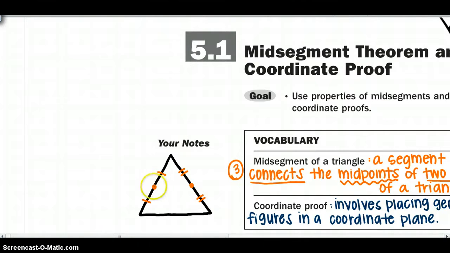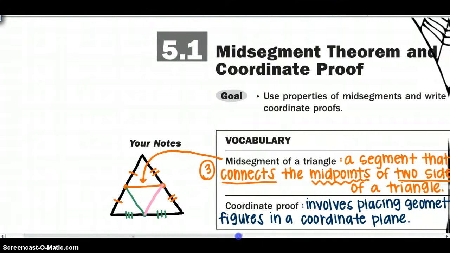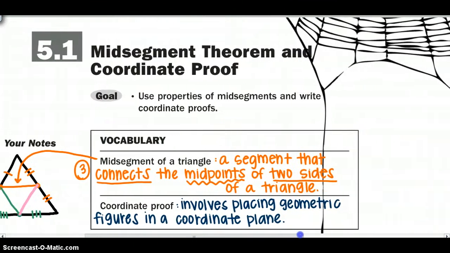If I connect the two midpoints of two of the sides, then that segment I just created is called the mid-segment. If I find the midpoint of this side and connect, I would find my other segment and my third mid-segment. So that is what the mid-segment looks like and what we'll be working with today.